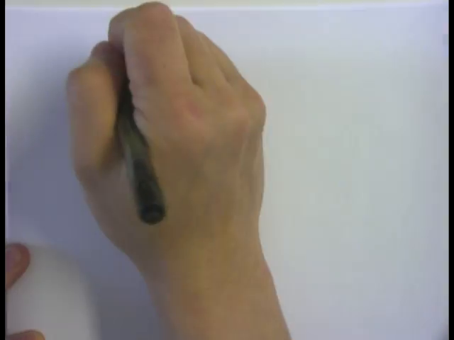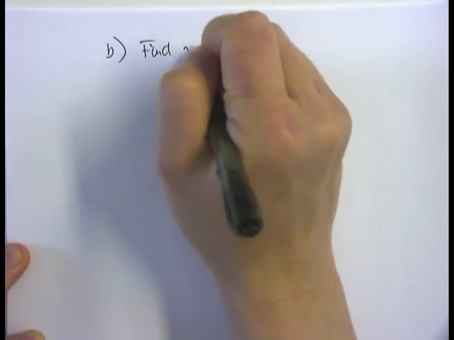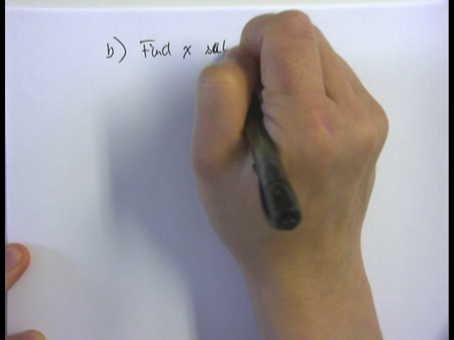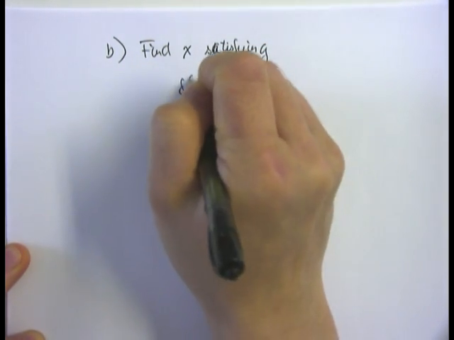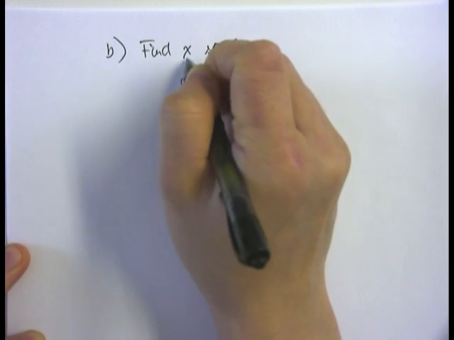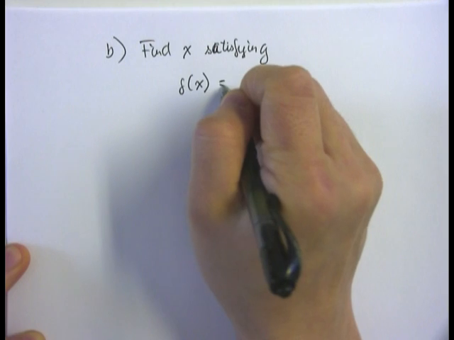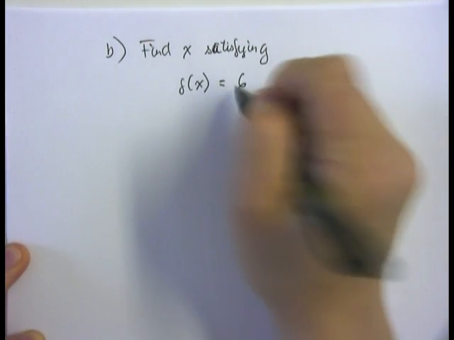And so I can also create questions from the table that we constructed. We can also have questions such as: find x satisfying f of x equals 6.